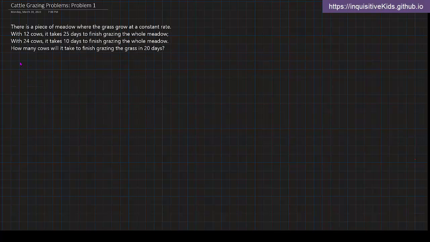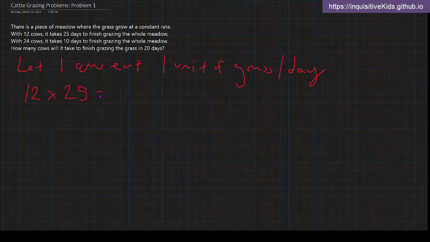So first, let one cow eat 1 unit of grass per day. Okay. And the first step right here, this is going to be the step for all the other problems we're going to be doing in this series, is to write 2 multiplication sentences from the problem: 12 cows times 25 days, and 24 cows times 10 days.